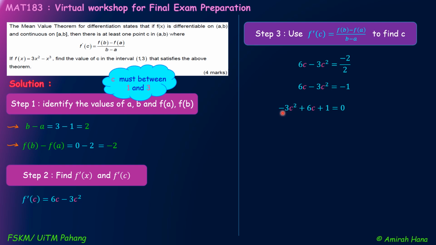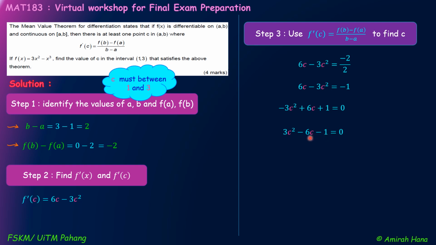How to make it positive? We multiply each term on both sides by negative 1. So we get positive 3c squared minus 6c minus 1 equals 0. 0 times negative 1 still equals 0.